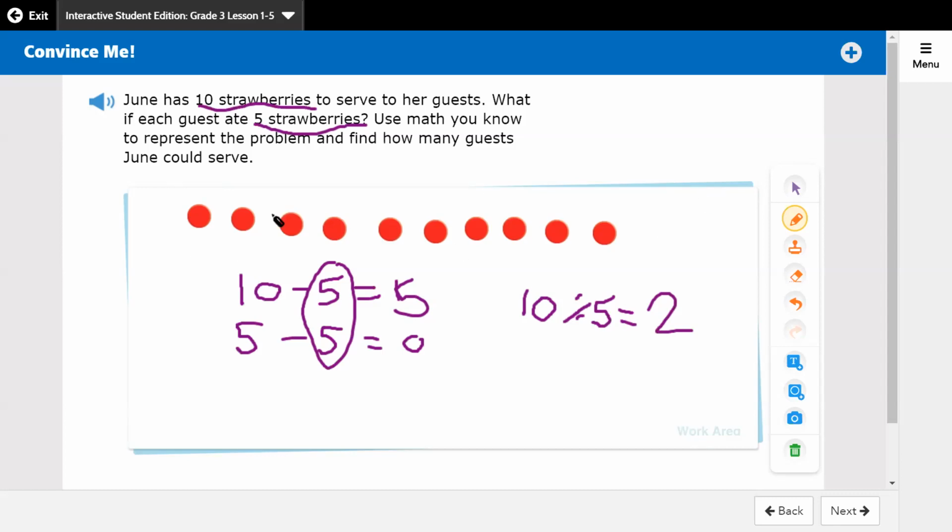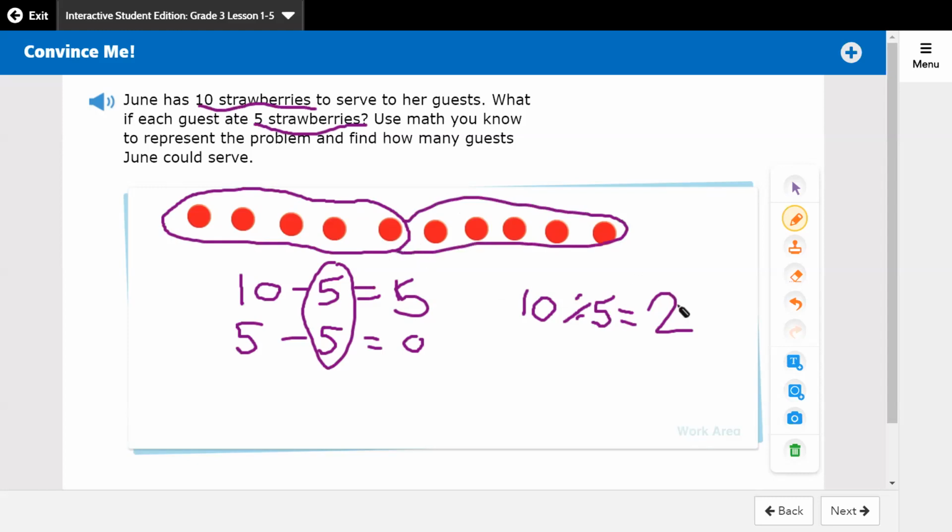The other way to do it through the drawing would be to circle around 5 of one kind and then 5 of the other group. Okay? Again, using that repeated subtraction to get down to 0 helps us understand, okay, there's 1 5 here, there's 2 5s here. 10 divided by 5 is 2. All right?